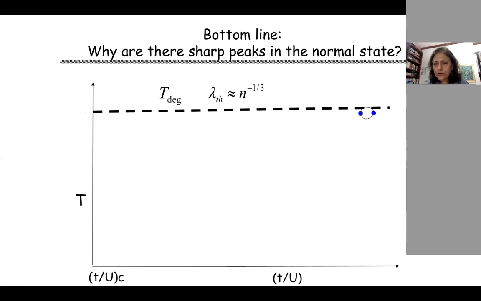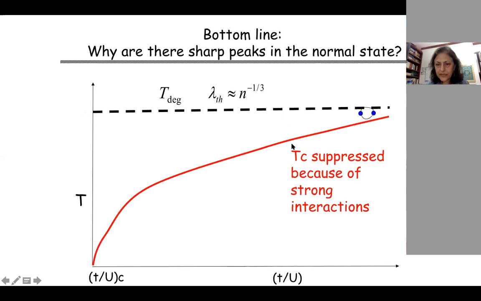Now we look at Tc, the actual Tc where superfluid density builds up. For all temperatures above this Tc, the superfluid density is 0 and it builds up at Tc. So I'm plotting now Tc.